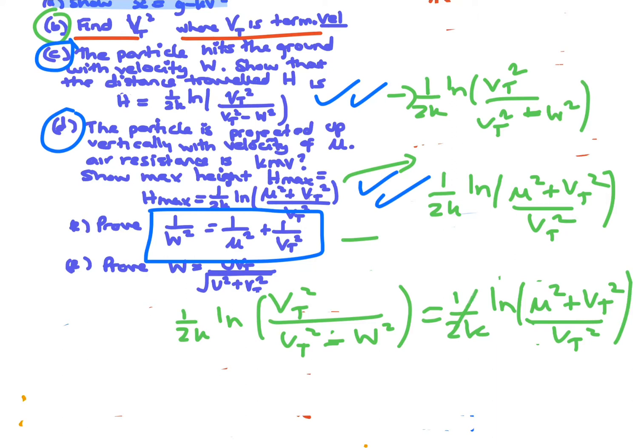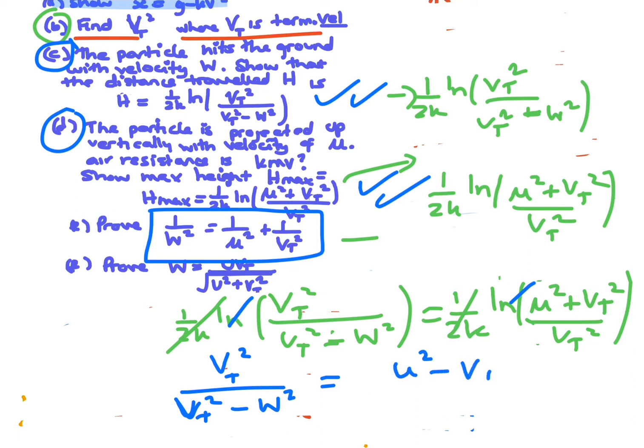The 1 on 2k's will go. The ln is common in both, so that would also cancel. So that means that vt squared on vt squared minus w squared equals mu squared plus vt squared on vt squared.